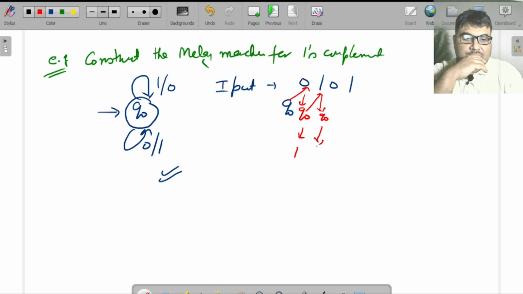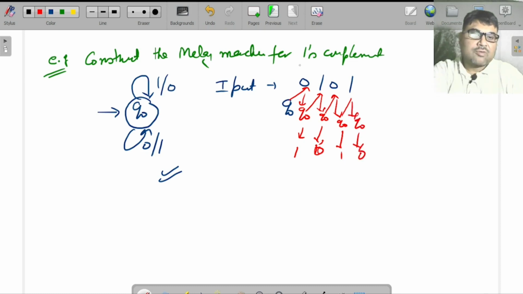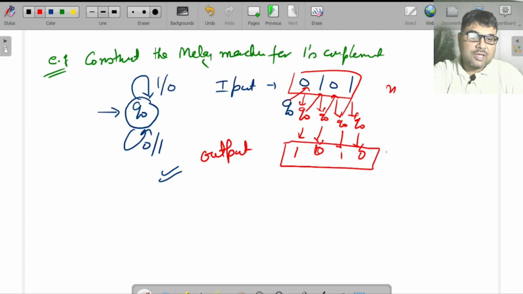What is the output? The output is 1. When you are at Q naught and read 1, you reach Q naught, what is the output? 0. When you are at Q naught and read 0, you reach Q naught, the output is 1. At Q naught you read 1, you reach Q naught, what is the output? 0. So here you can see that if the input size is n, then the output size will also be n.